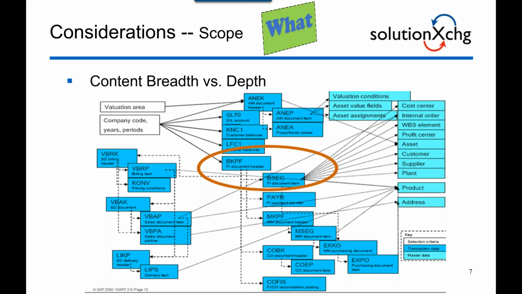And then when you have that answer, how granular do you need to go? Do you need all the fields in a table? Generally speaking, not, or are you looking at just the most consequential ones from an audit perspective and can exclude text fields and others. So that was part of the requirements definition, and different tools handled the depth question and the breadth question in different ways and with more or less effort.